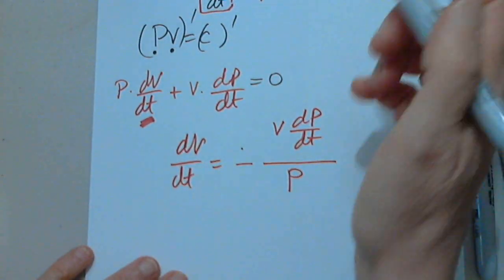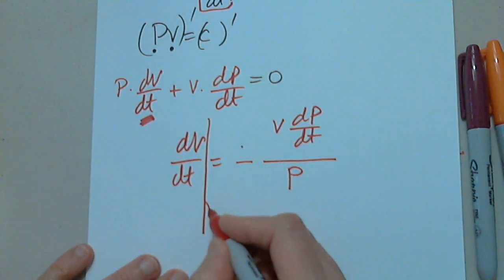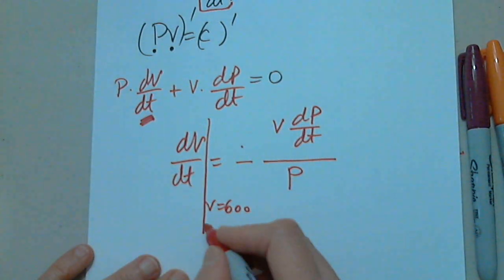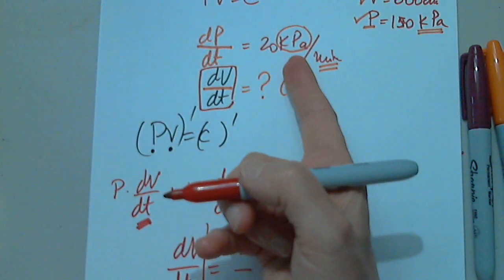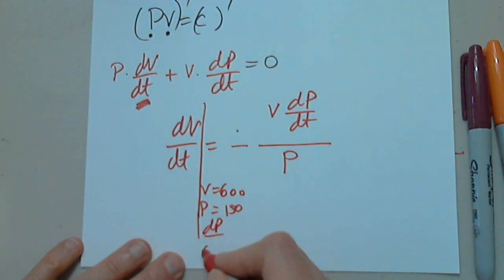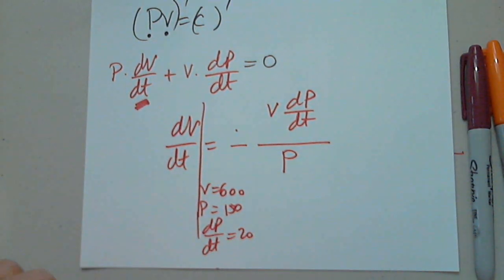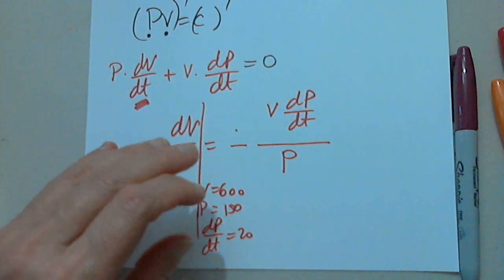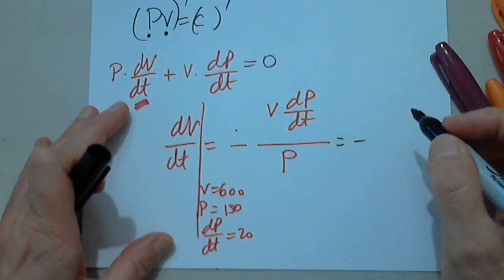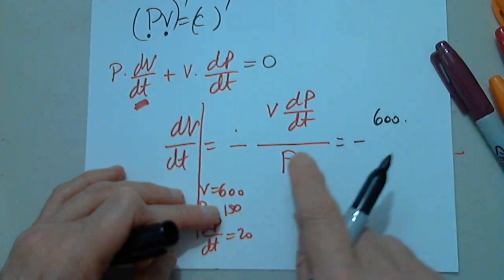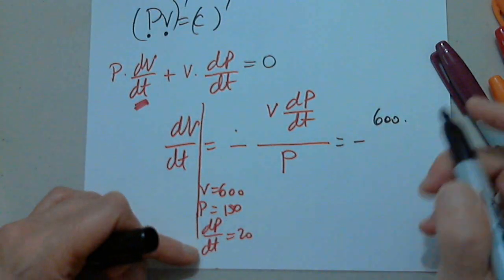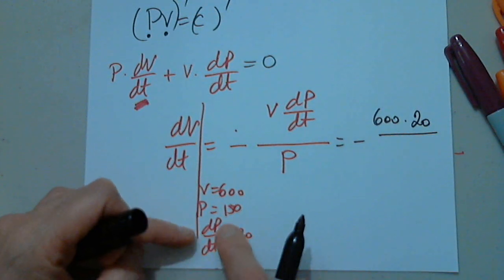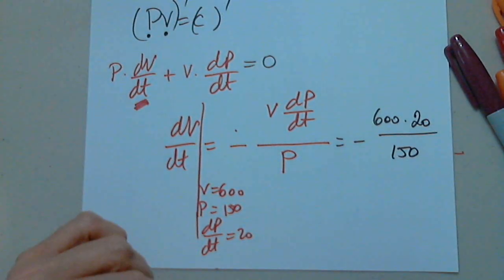Awesome. We have all the numbers. V equals 600, P equals 150, and dP over dt is given to us as 20. All we need to do is just plug in the numbers. V, 600. As expected, we get a negative number. dP over dt, 20, over P, which is 150.